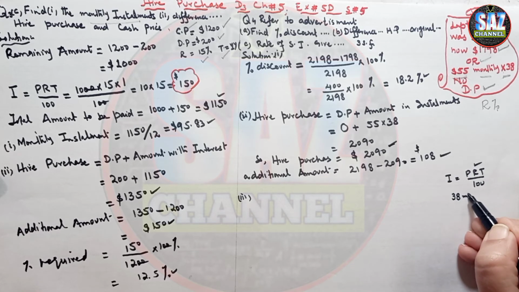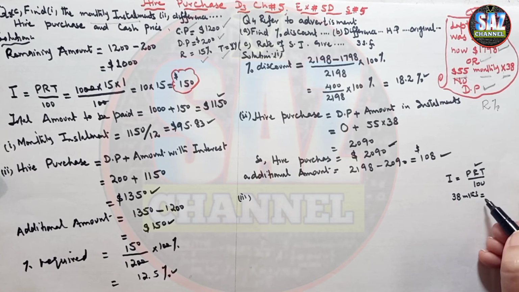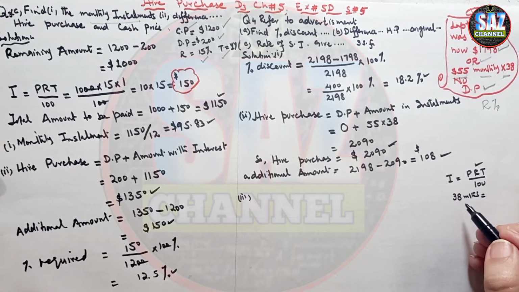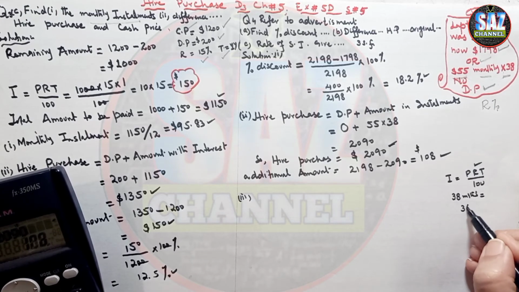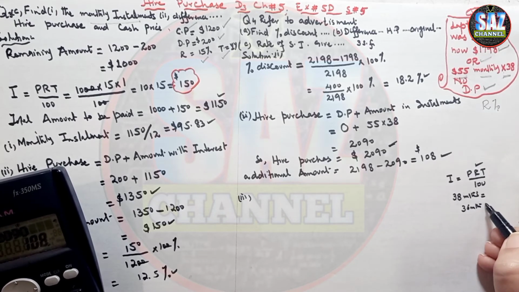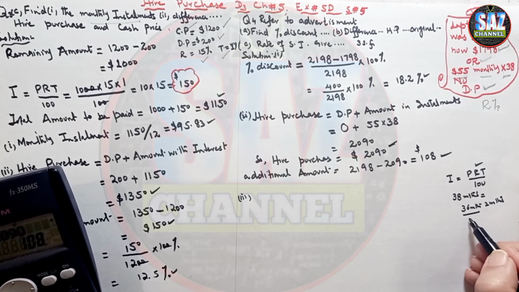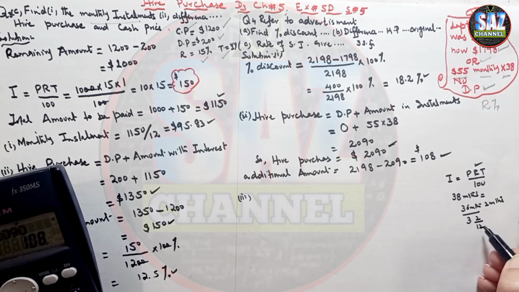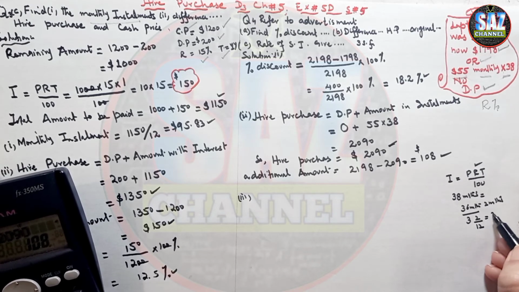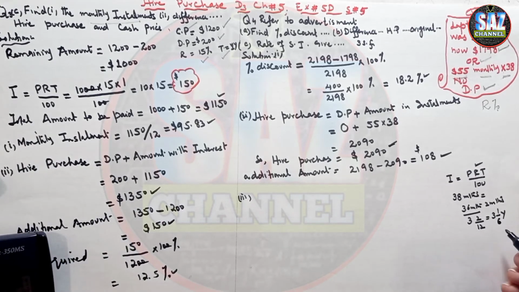It's really important to convert the time period into years. 38 months is 36 months plus 2 months. 36 months gives 3 years, and 2 months will be 2 by 12, so 3 whole 1 by 6 years.